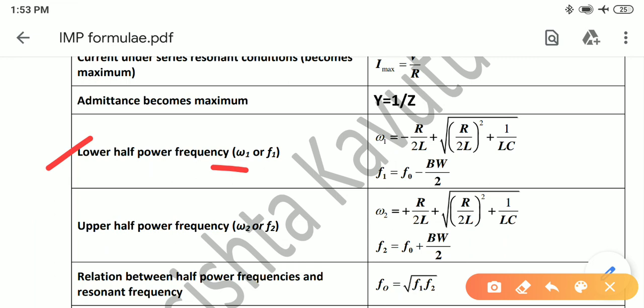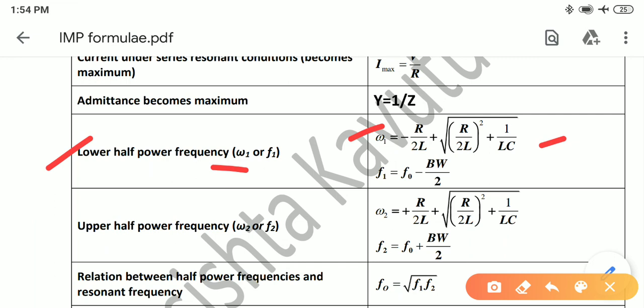The relation between omega and F is omega is equal to 2 pi F. In terms of omega 1, the lower half power frequency or lower cutoff frequency is given by this formula: minus R by 2L plus root over (R by 2L) whole square plus 1 by LC. Or, the relation between the half power frequency, resonant frequency and bandwidth is F1 is equal to F0 minus bandwidth by 2.